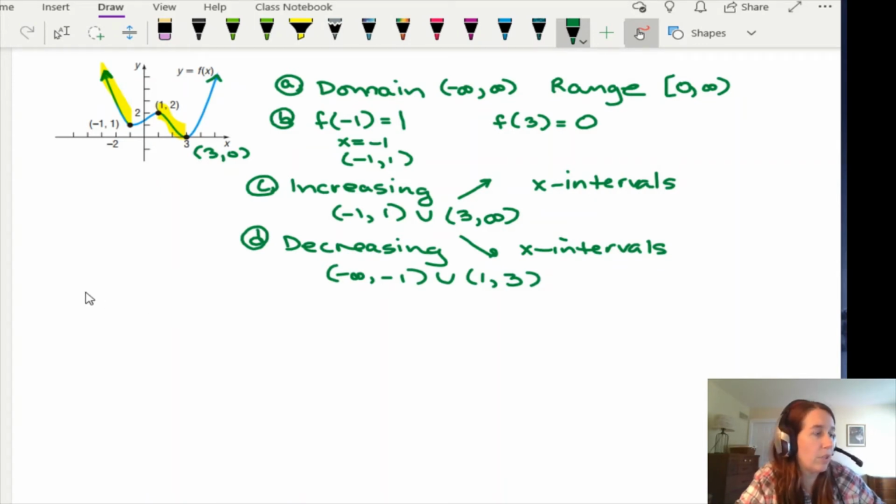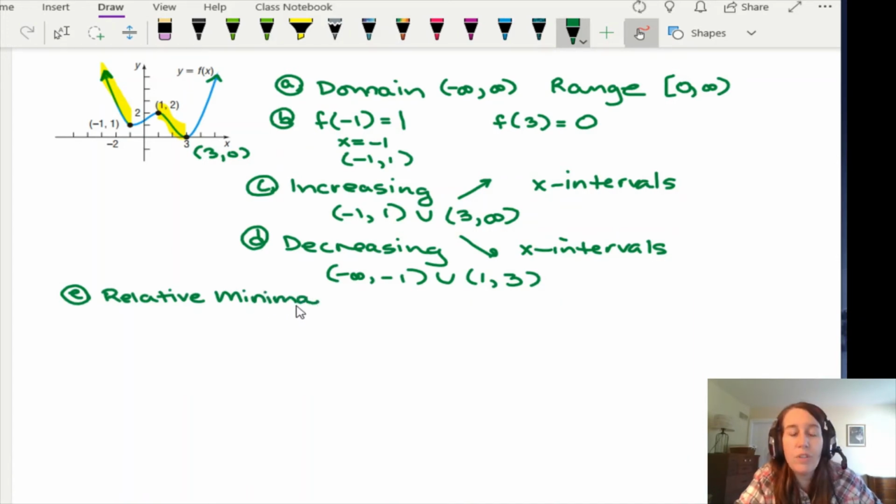Two more things we're going to look at are the maxes and the mins. Let's look at the relative minimums first. This would be called the relative minima. I don't want you to get confused about the A on the end there. That is literally just the plural of minimum.